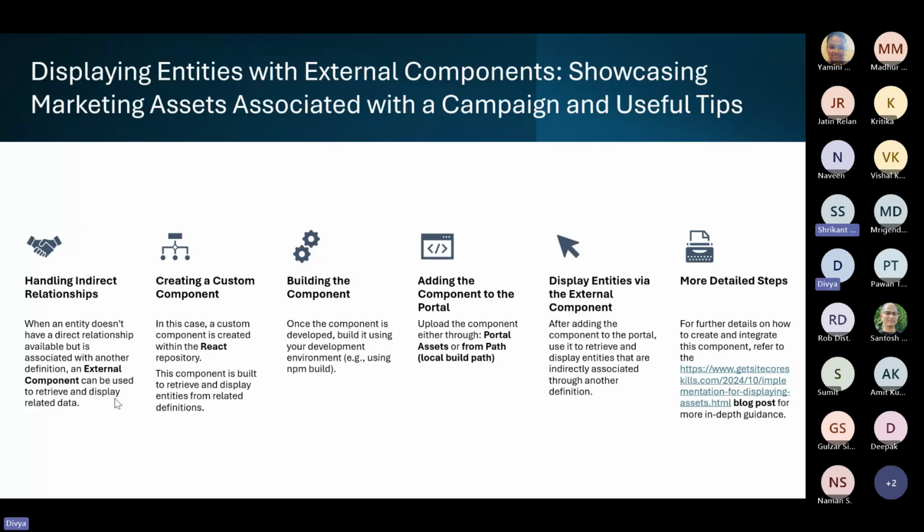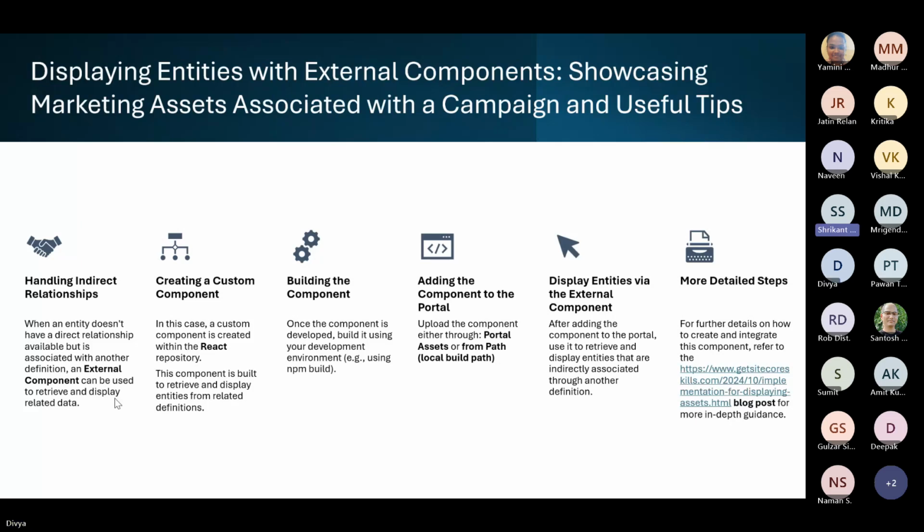We can consume multiple content APIs in the backend and show our own data, whatever is required. So in our scenario, if a campaign is there and we want to show what assets have been added to that campaign, we can use an external component.